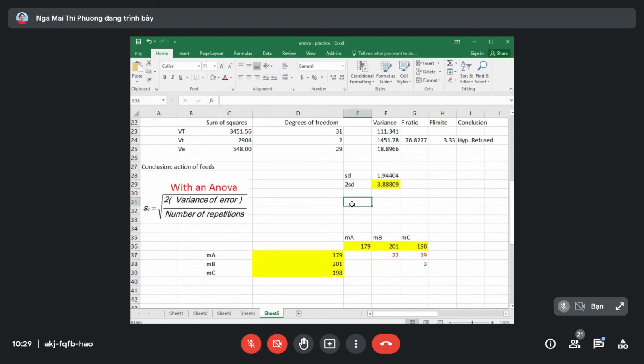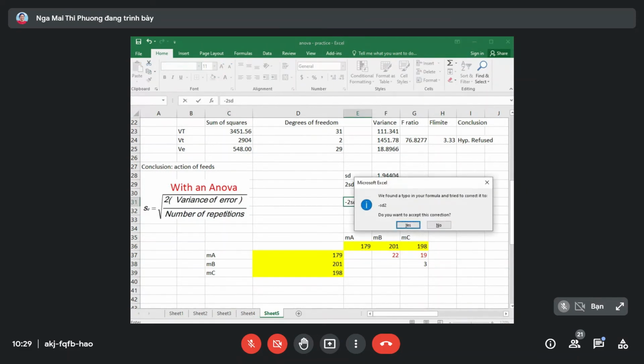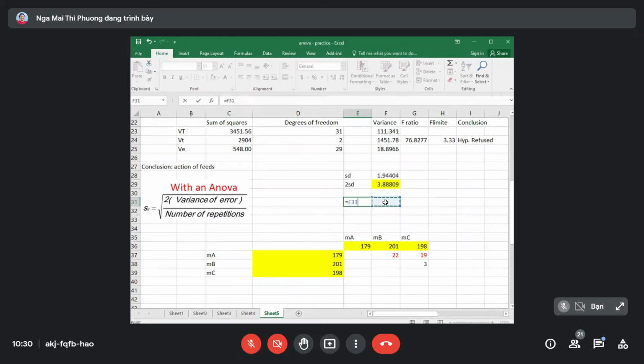So we set a range from minus 2 SD to plus 2 SD.